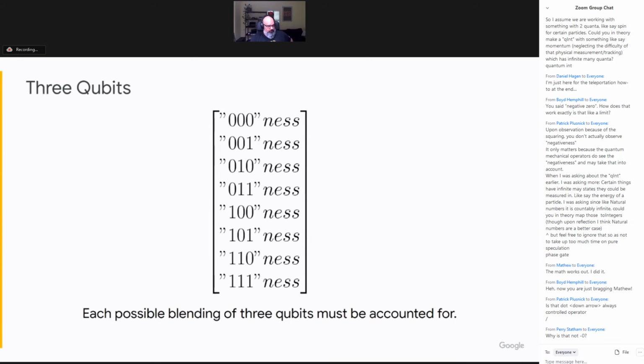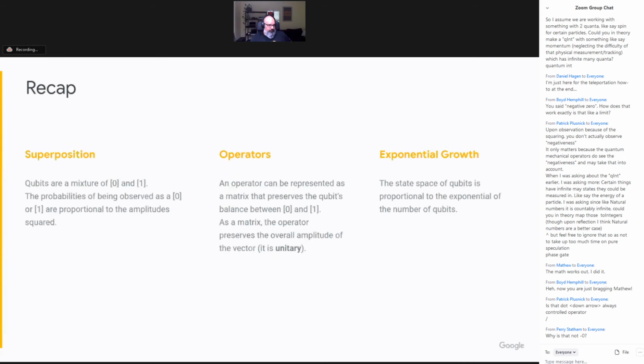It'll keep track of all 8 states. Once you have, let's say, maybe 50 or so particles together, it can fit on the head of a pen, but we can't keep track of a vector that large in a supercomputer the size of a Walmart, which is, I think, a fascinating fact. Okay.